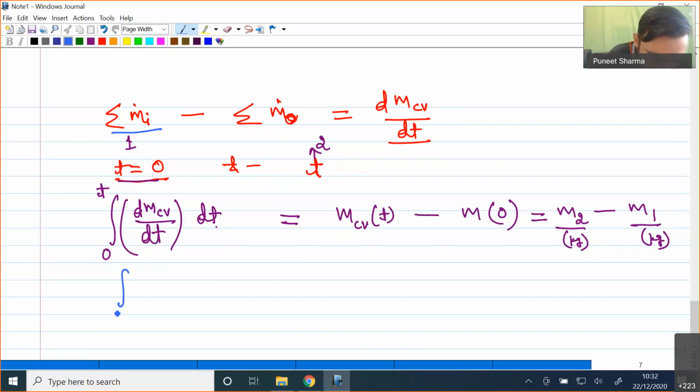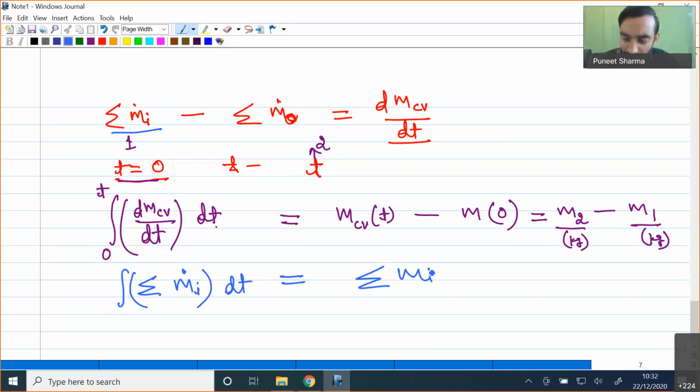Then similarly we have to integrate our summation of inflow masses. This is summation of mi dot, which represents the rate at which inflow is happening, and I have to integrate it over time dt. If I do this integration, I'll finally find simply the summation of mi. The mi dot is taken out of the integration because mi dot is nothing but mi by dt.